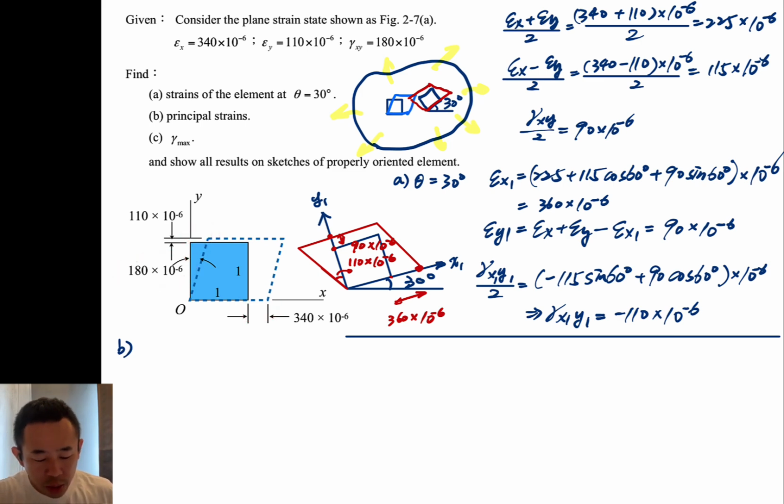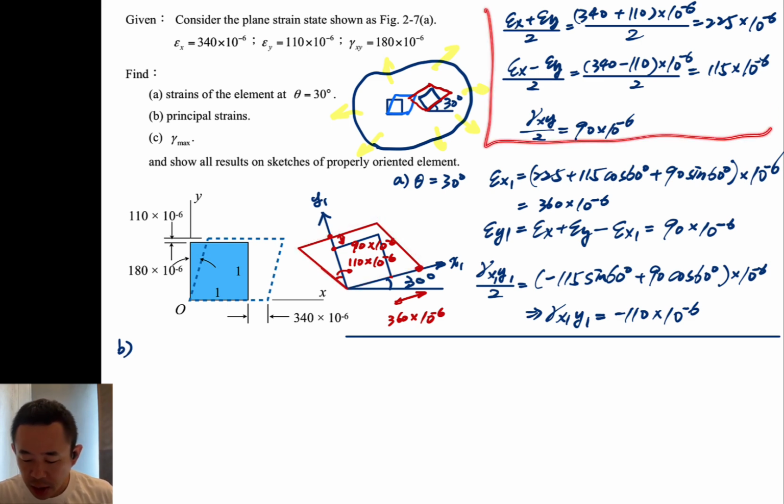So the example asked us to determine the strain of the element at theta equal to 30 degrees, which means that before the loading the element has this 30-degree orientation, and after the deformation it looks like this.